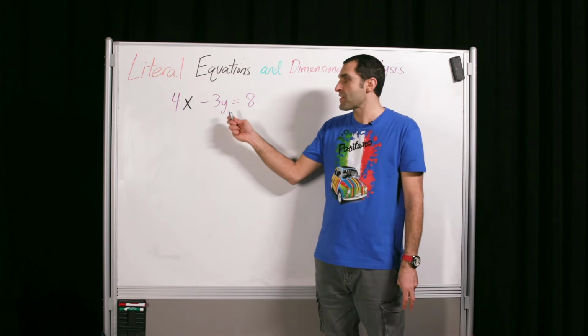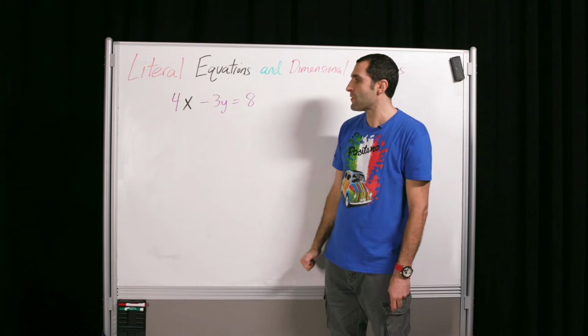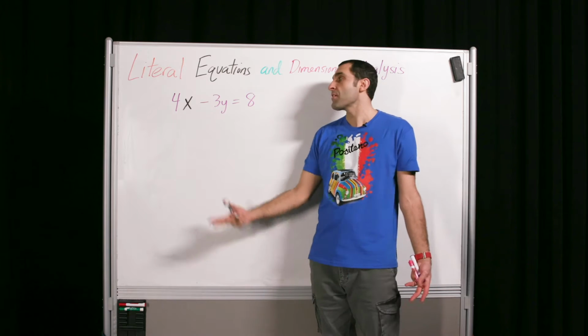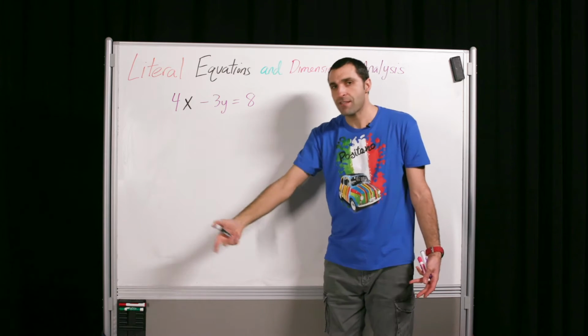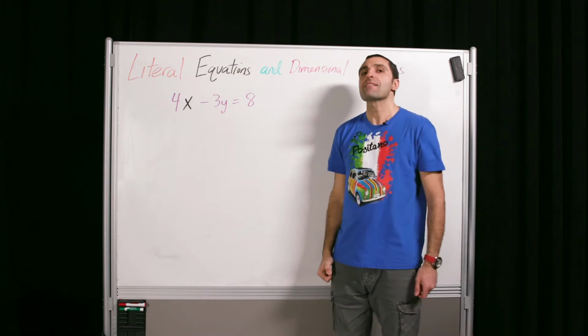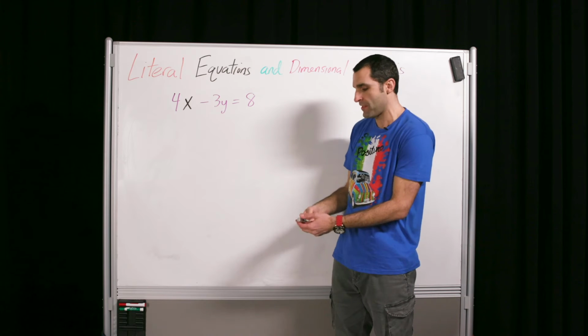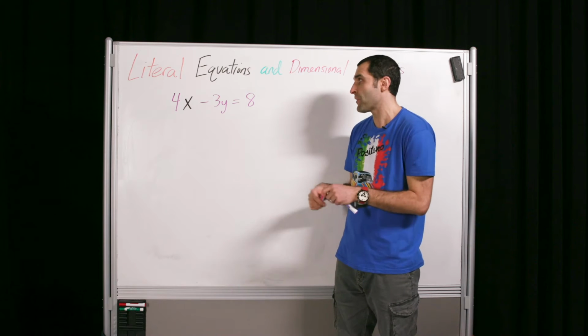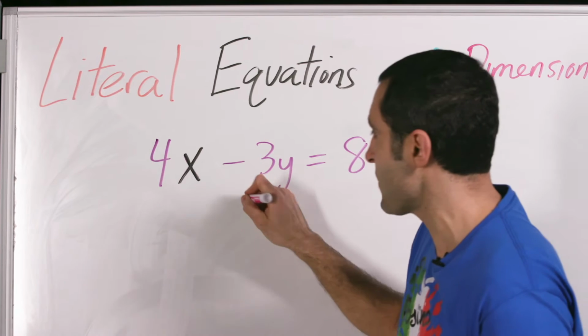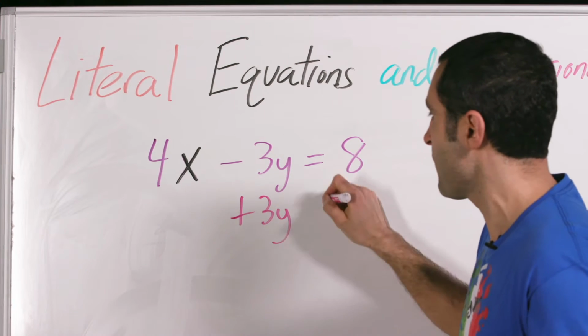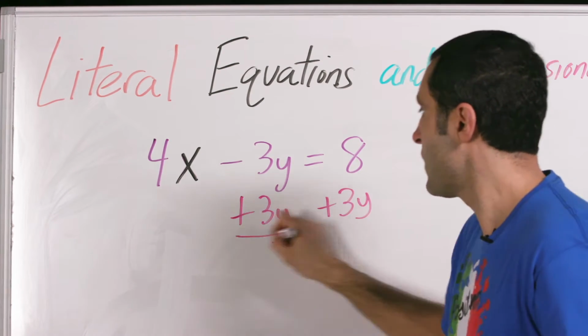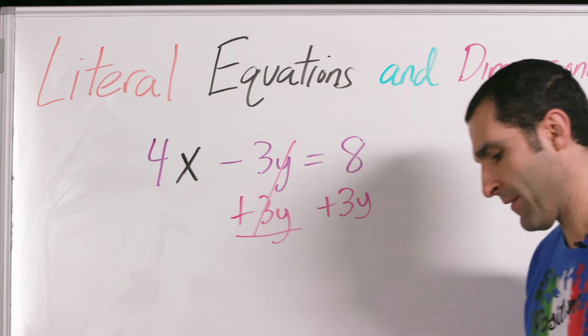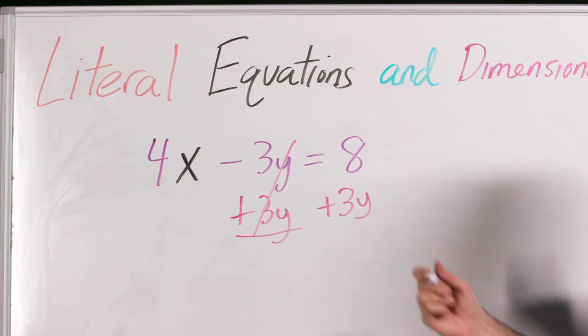And so the first thing to go would be this minus 3y. The question is, what's in the way of x being by itself? Why is x not by itself? First, it has to do with this negative 3y. So I could add 3y to both sides. Observe. Boom, boom. Down. And we're left with 4x equals.